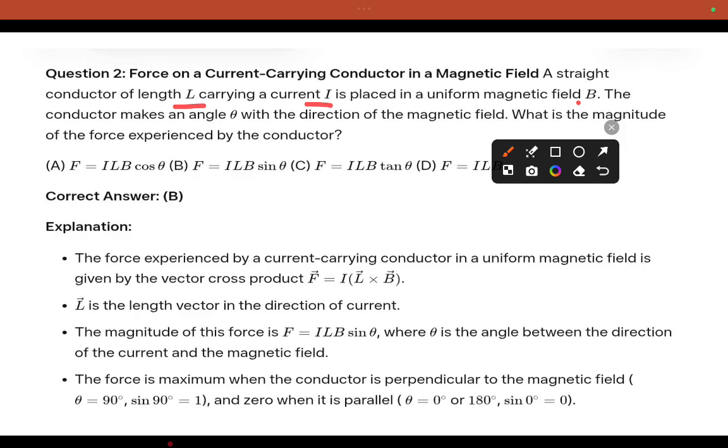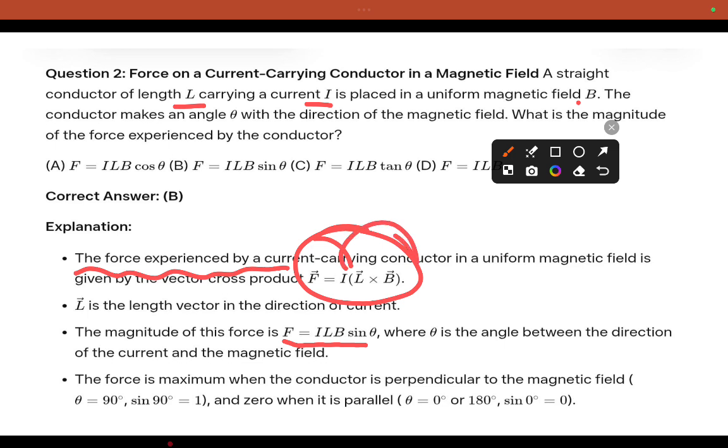The force experienced by a current carrying conductor in a uniform magnetic field is given as F equal to I L cross B, where L is a length vector in the direction of current. The magnitude of force is F equal to BIL sin theta, where theta is the angle between the direction of the current and the magnetic field.